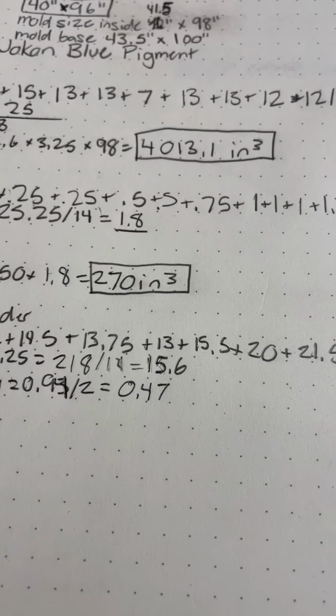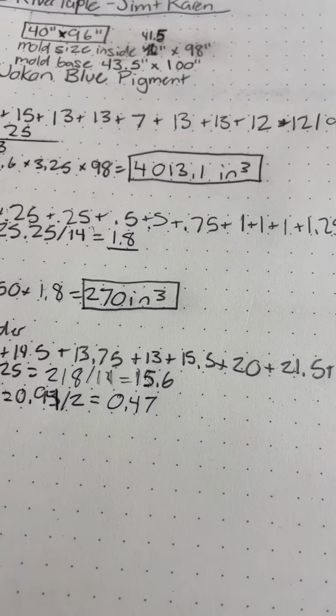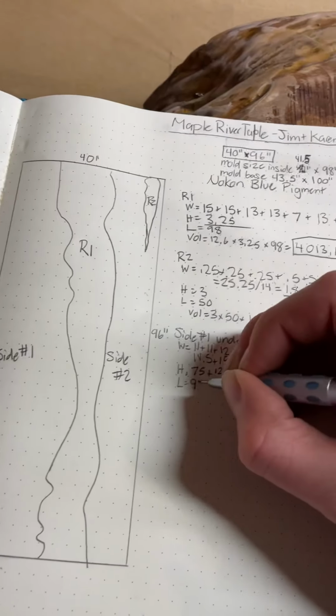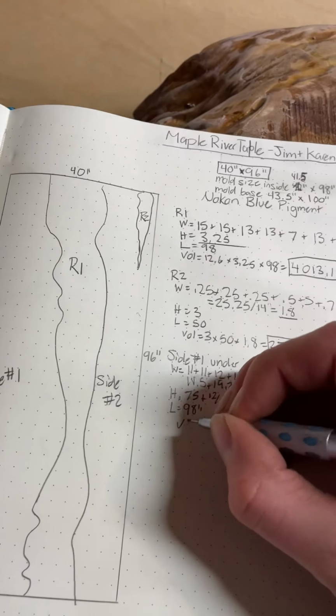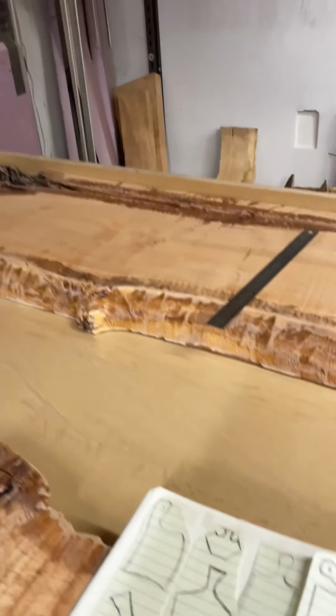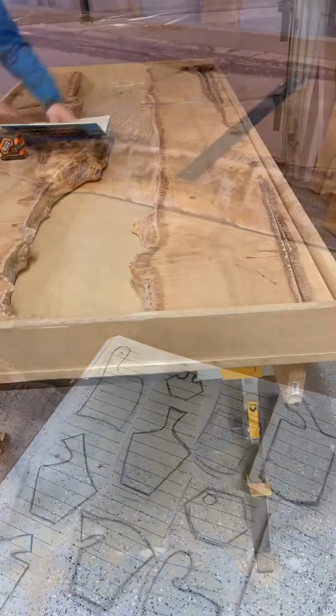And the width, I got 15.6 inches, and the length is that 98 inches again. So now we'll go and find the volume. That comes to 718.54 inches cubed. Now I'm going to do the exact same thing on that side and find out how much epoxy is going to go down below.